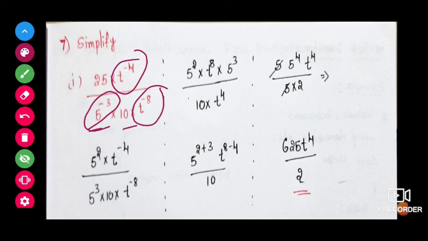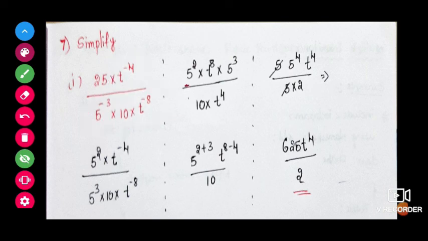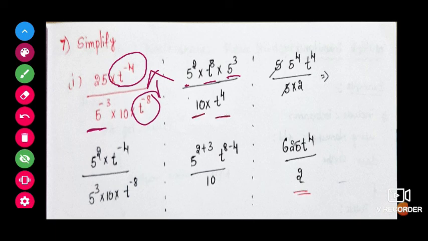Okay. First, here if I take 25, I am writing as 5 square and in the denominator t to the power minus 8, if it will come to numerator, t to the power plus 8, and in the denominator 5 to the power minus 3, if it will come to the numerator, 5 to the power plus 3, and here t to the power minus 4 in the numerator, if it will come down, t to the power 4 into 10.